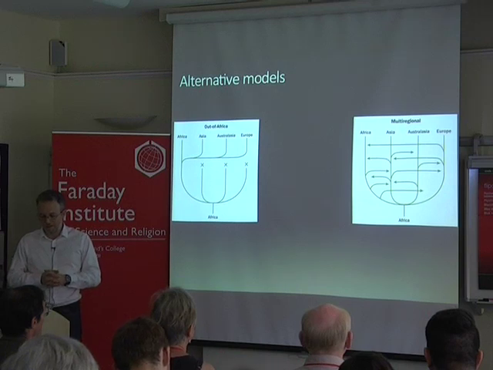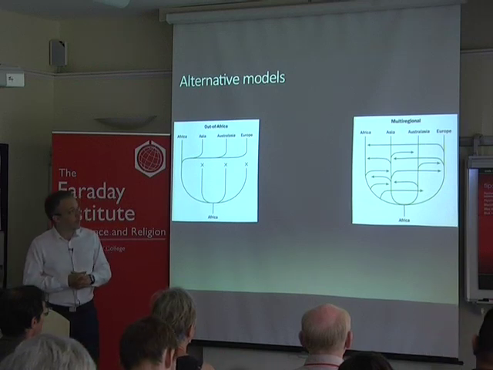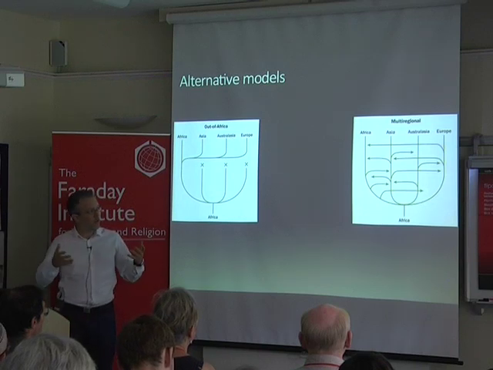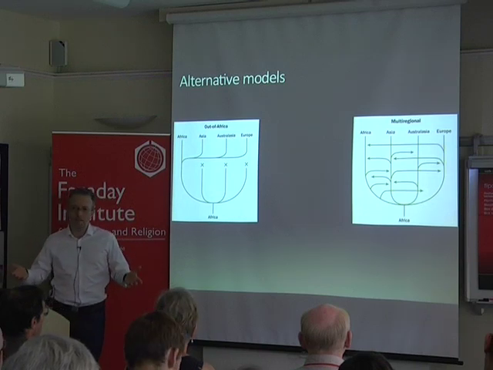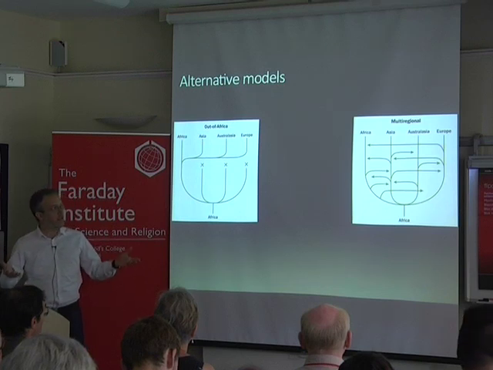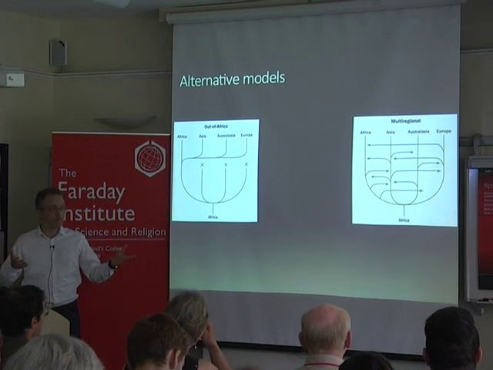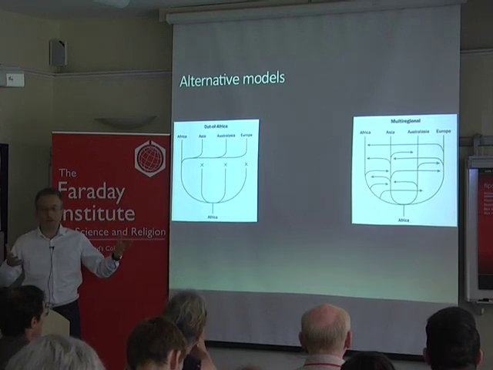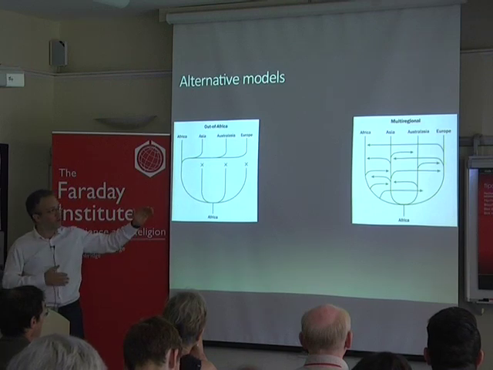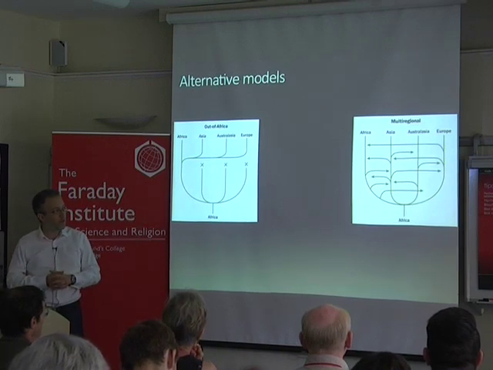It's now not really followed, but this model postulated that modern humans evolved simultaneously in Africa, in Asia, in Australasia, in Europe. So from different Homo erectus populations, but for a much longer time period, for millions of years.